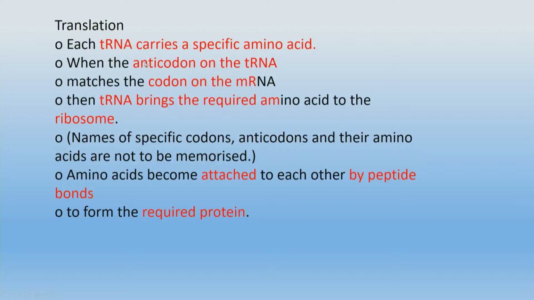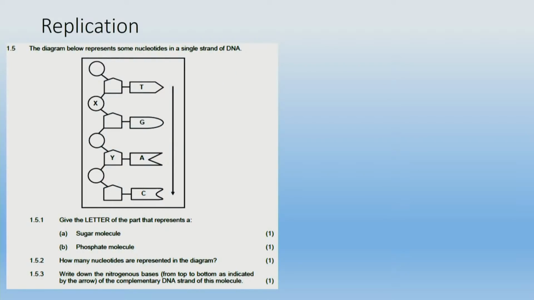You must indicate that the anticodon is on the tRNA and the codon is on the mRNA. And then the tRNA brings the required amino acid to the ribosome, and then we have to say amino acids become attached to one another by peptide bonds and to form a required protein. Again, this is as it is in the exam guidelines. So either replication or translation or transcription every time evaluated.